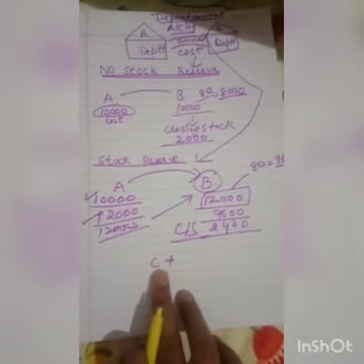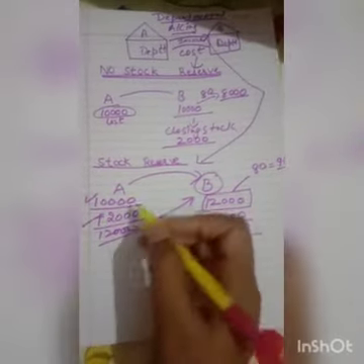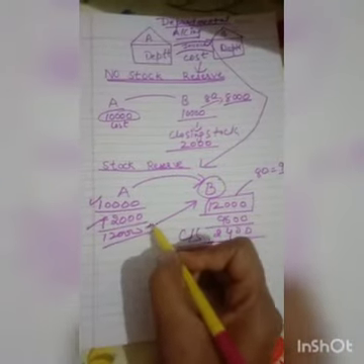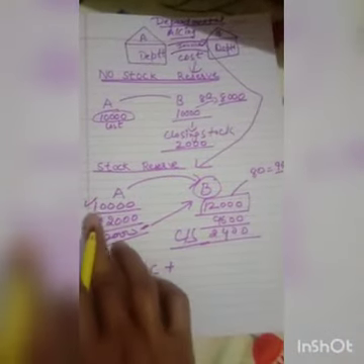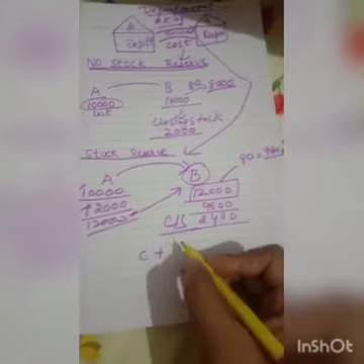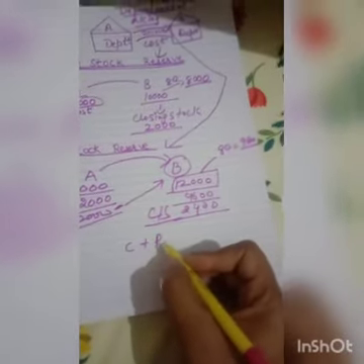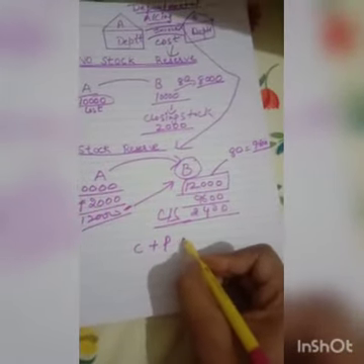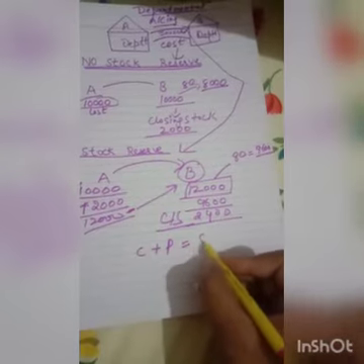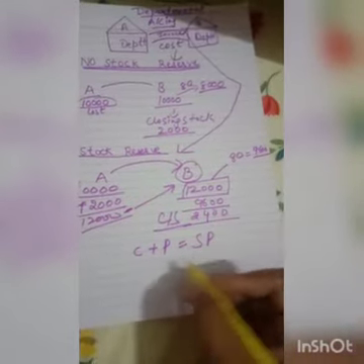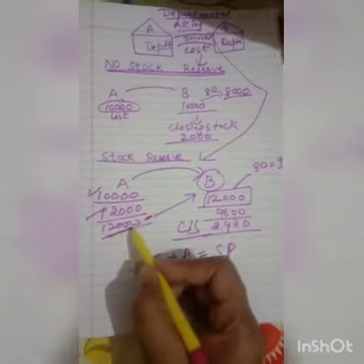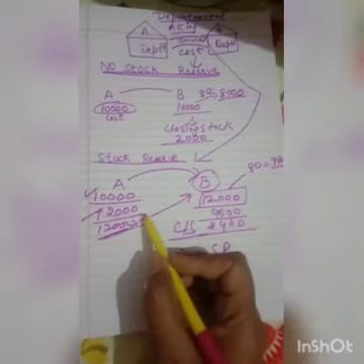See, first of all, understand that in this total cost, two costs are involved. One is cost price, and the other is profit or loading, or you can say a certain margin. Then it will be the selling price.